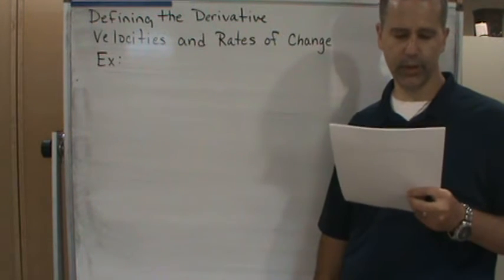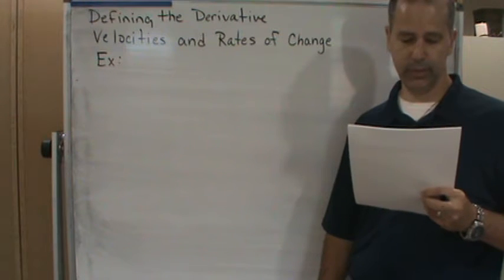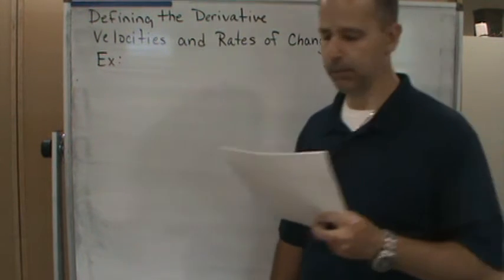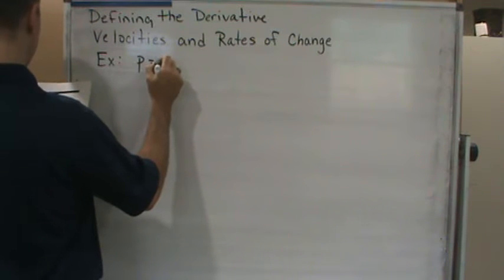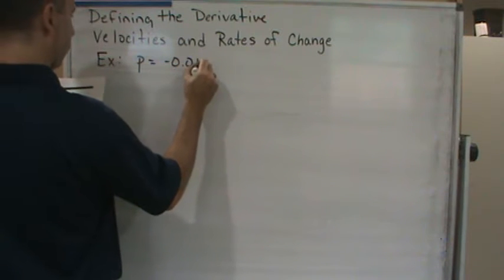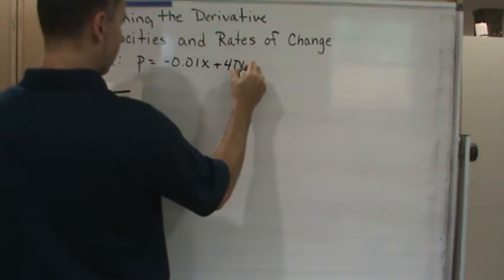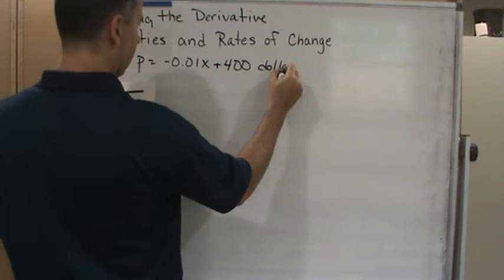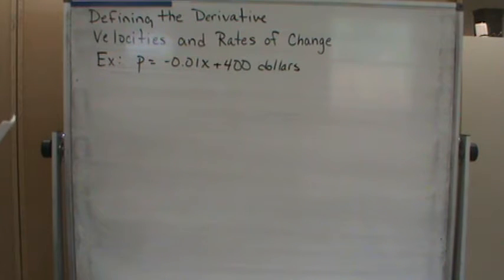It says a toy company can sell x electronic gaming systems at a price of P equal to negative 0.01x plus $400 per gaming system.